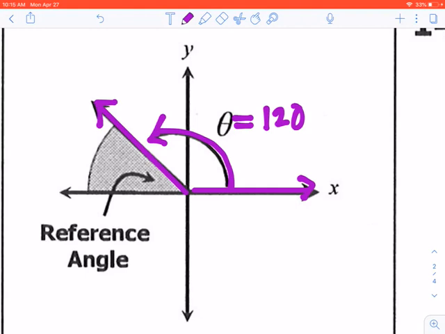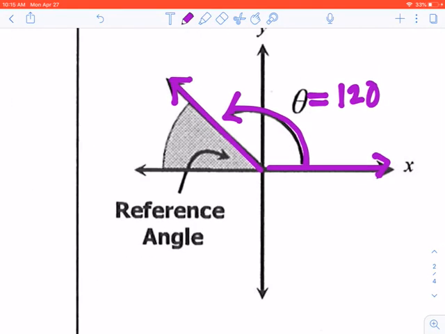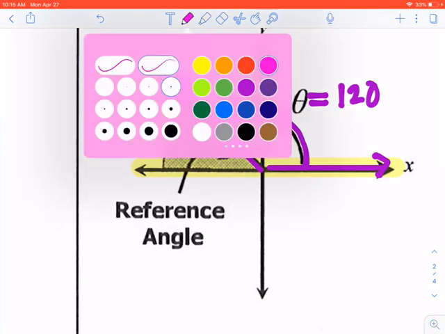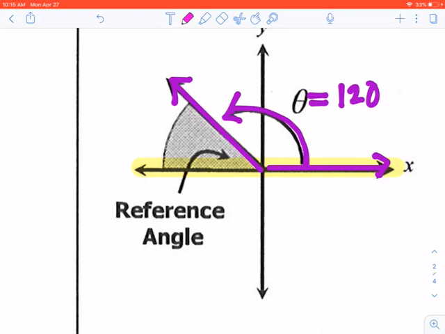See, 120 is obtuse, it's not acute. That's formed with the x-axis. The reference angle will always come from this x-axis, always. So I want to know the acute angle formed with the x-axis for this 120 degrees.